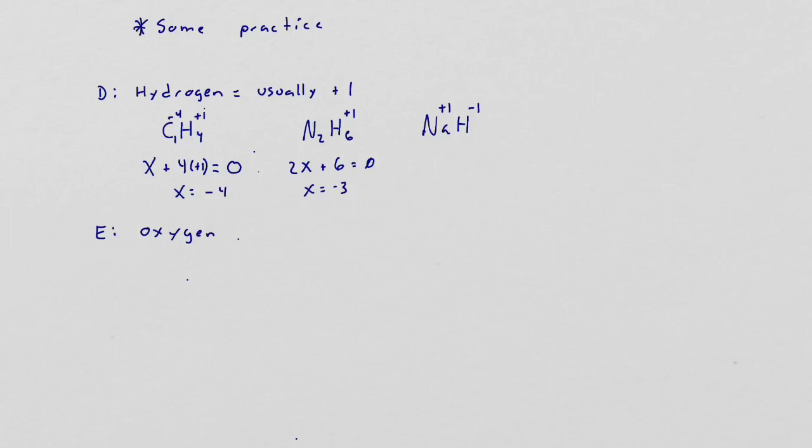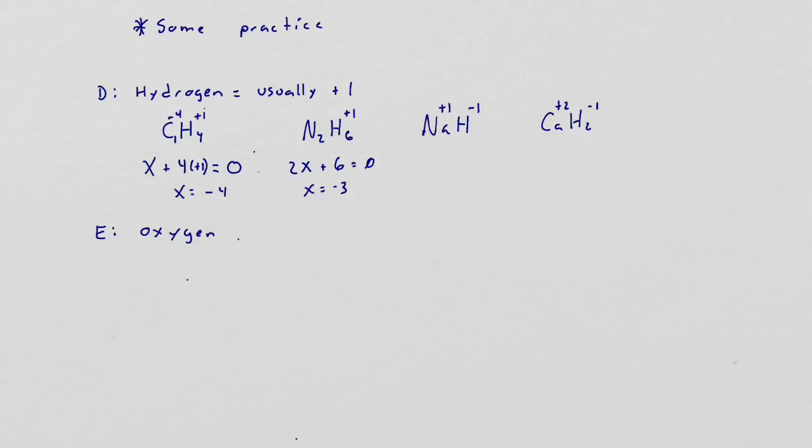Now, these are called metal hydrides. In metal hydrides, the hydrogen is always going to be -1. So if you have, let's say, CaH2, the calcium has to be +2, so the hydrogen has to be -1. Okay? Everybody okay so far, I hope. All right? So hydrogens are usually +1, but not when they're with metals.